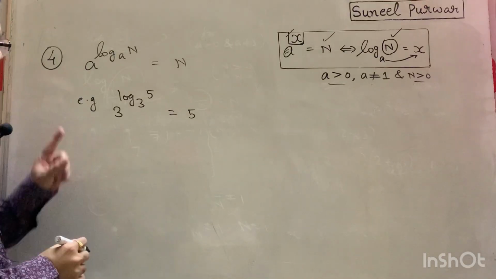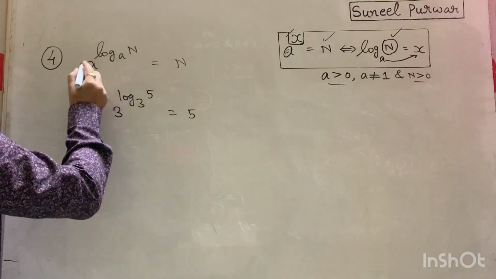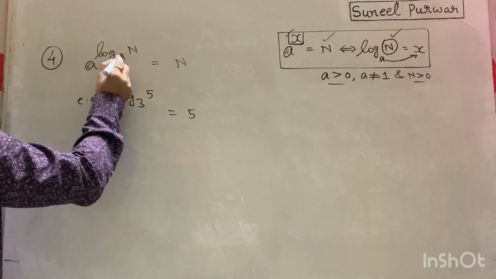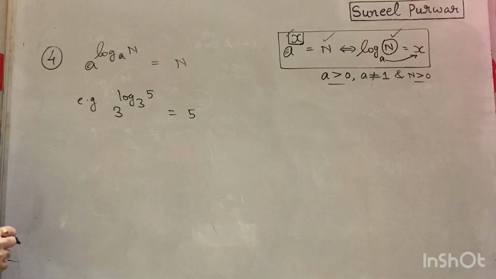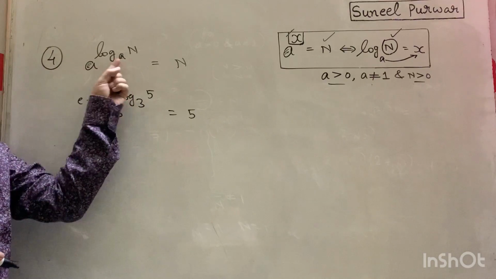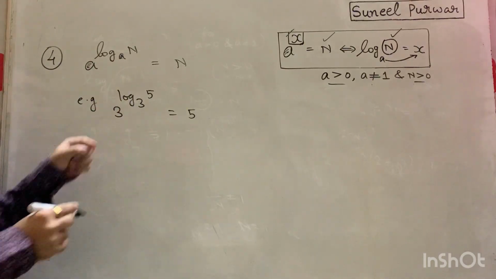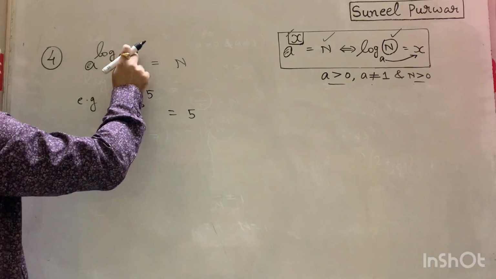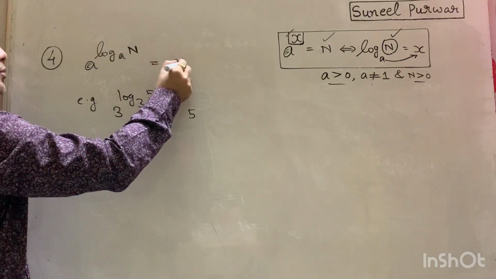Can you understand the things here? You see, this base and this base are same to same. So whenever these two base values are same to same, the answer is directly this value, which is over here, n.